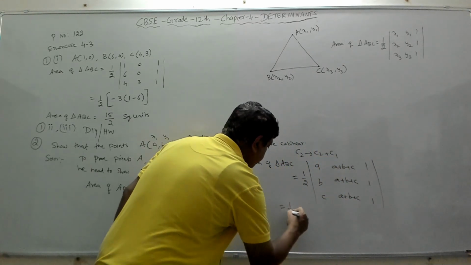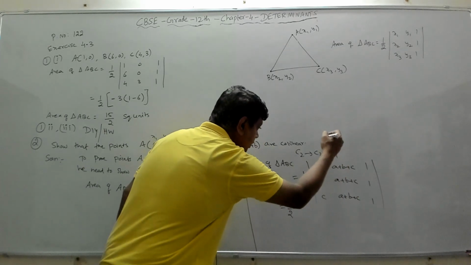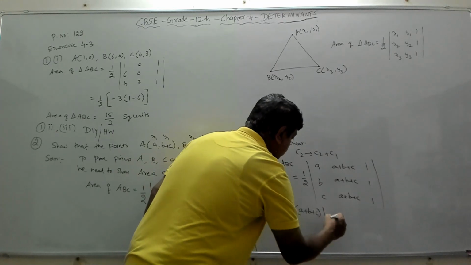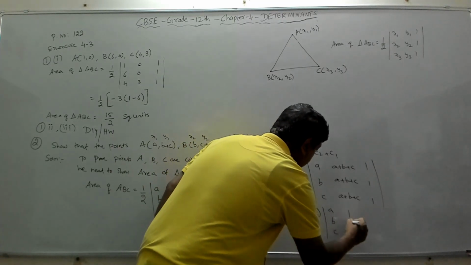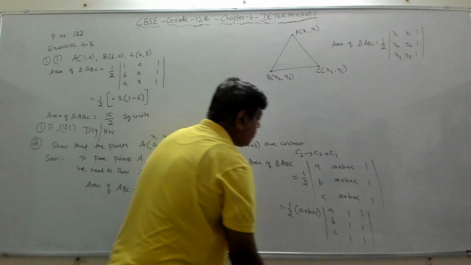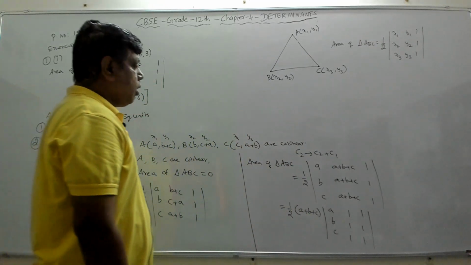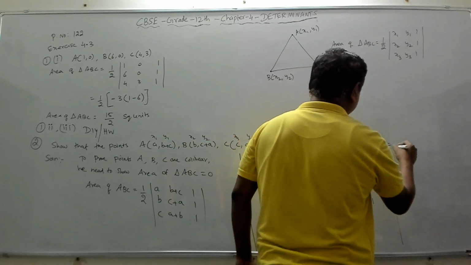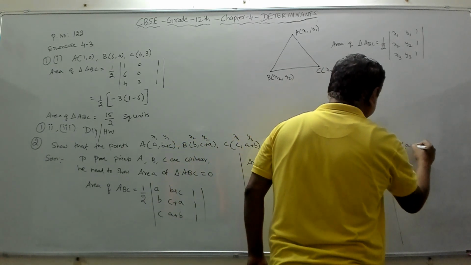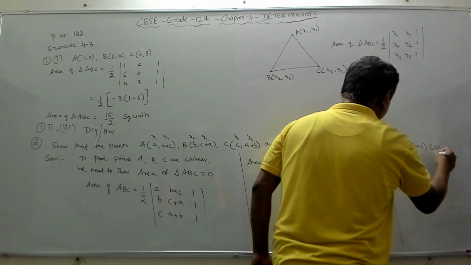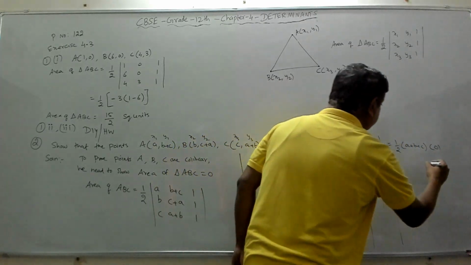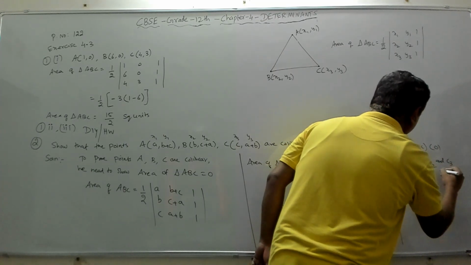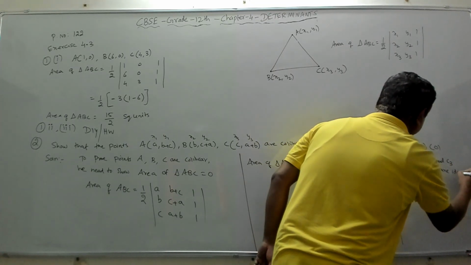Now if you take 1 by 2, A plus B plus C is common in all the elements in C2, which is column 2, so that can be taken out of the determinant. You will get A, B, C, 1, 1, 1, 1, 1, 1. So now that will be equal to 1 by 2 of A plus B plus C into 0, because the value of this determinant is 0, because C2 and C3 are identical.